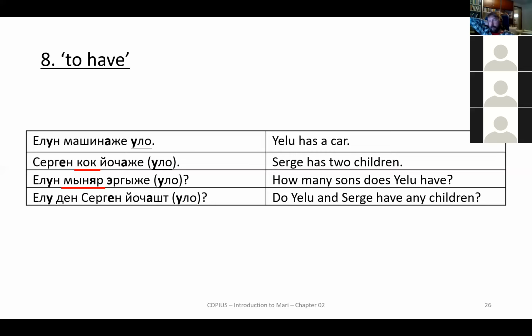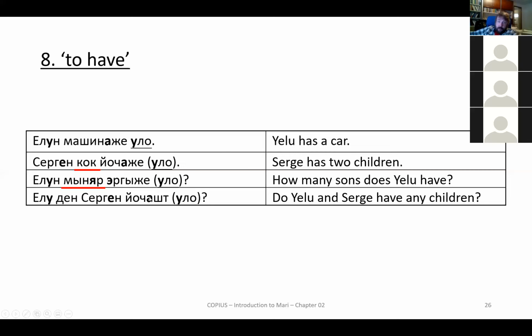But in this particular case, if you ask whether Yelu and Sergei have children, working from a no-information base, the question would be understood as asking if they have children, even with a grammatical singular form. If I wanted to ask, do they have one child, which is a less natural thing to ask, I could ask "Yelu and Sergei ik yochasht ulo," do Yelu and Sergei have one child?